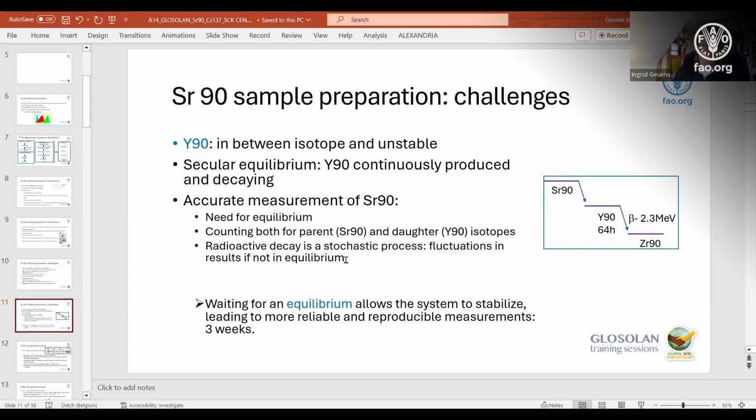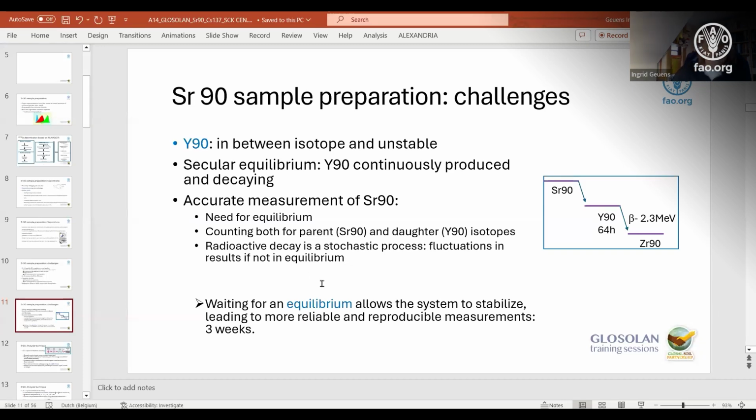After 3 weeks, you get an equilibrium, and that's why the strontium-90 determination always takes what we call a month. First you bring your sample into solution, then you have a separation step, and after the separation step, we wait 3 weeks to have the equilibrium and not fluctuating results.